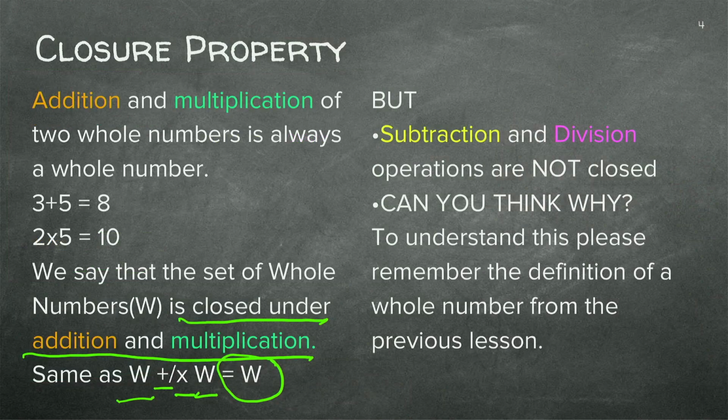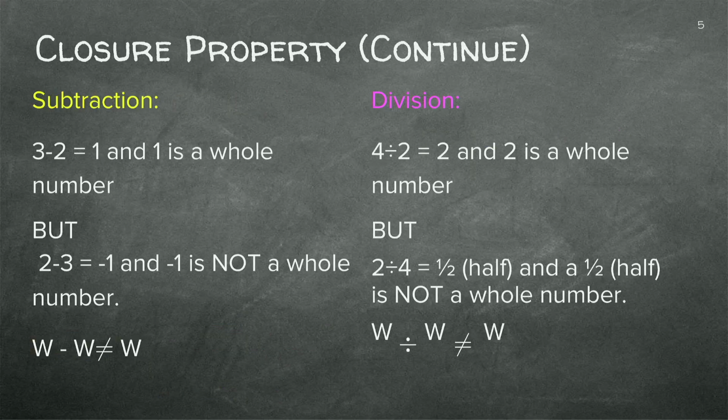Why do we say that? Now, to understand this, please remember the definition of whole numbers in one of the previous lessons. And let's explain. If we subtract, look at the example. We can subtract 2 from 3, and that is 1. And 1 is a whole number, so yeah, it's fine.